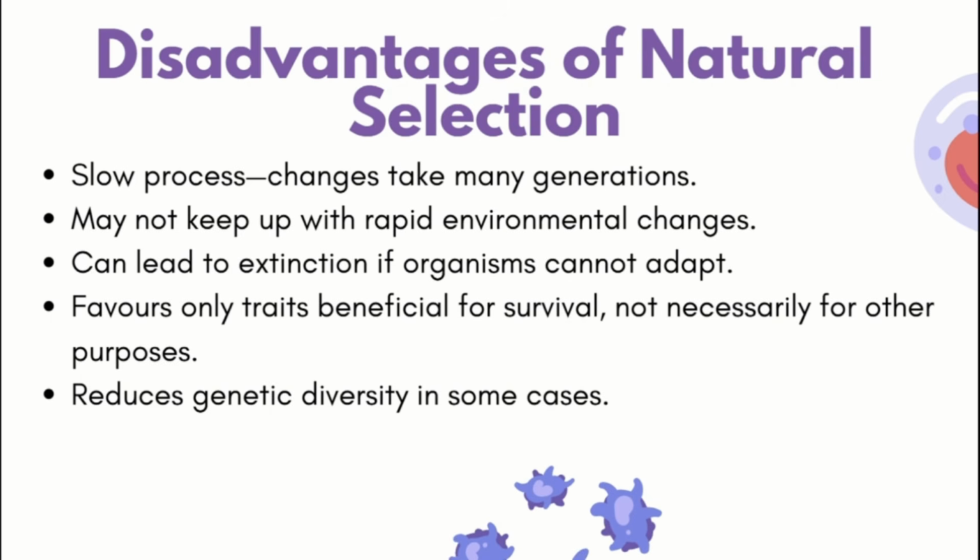But basically, we're trying to say that natural selection doesn't always keep up with rapid environmental changes because it's such a slow process. When the drought happened, natural selection was like, okay, the birds with the big, tough beaks that can crack the seeds are going to survive. It picked those because they could actually feed themselves, right?